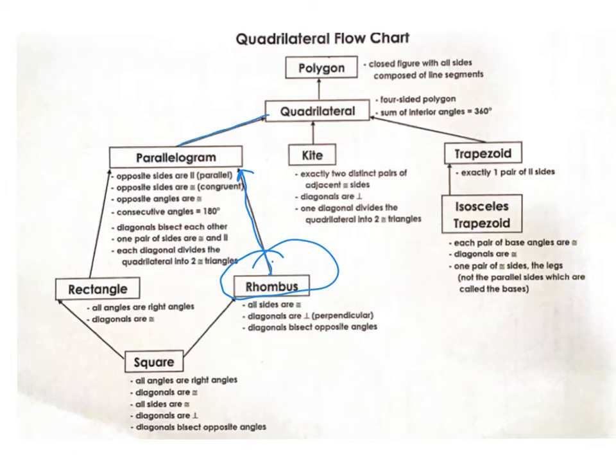And then if you head back that way, they're quadrilaterals, so they have 4 sides. And then if you head back up, they're polygons. And so for a rhombus, all sides are congruent. Diagonals are perpendicular. Check. Diagonals bisect opposite angles.